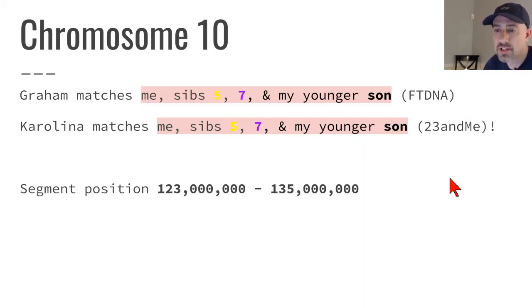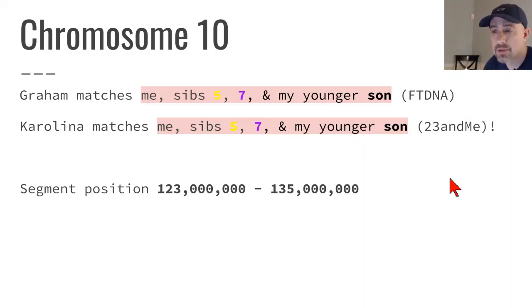So again, that tells me not only do Graham and Karolina match each other in these locations, given the fairly large number of segments where they're showing up again and again together with the exact same subset of my family members, I'm starting to get to be more confident that Graham and Karolina are closely related to each other.